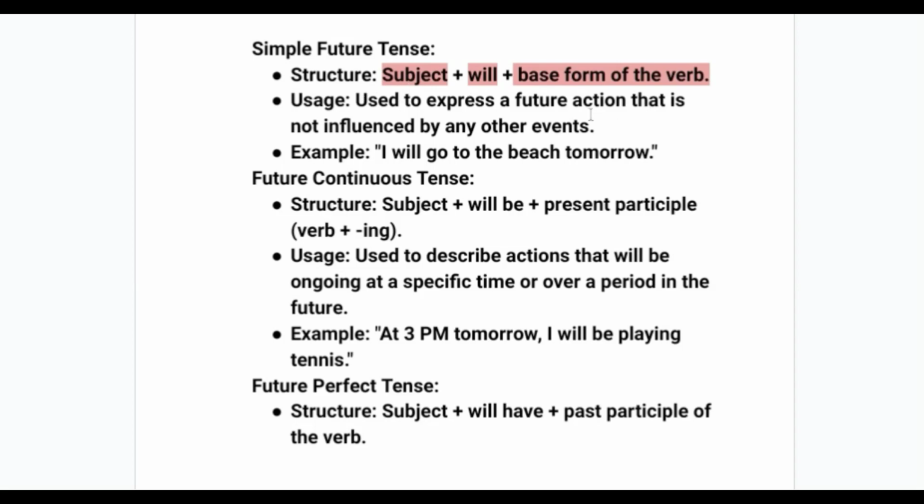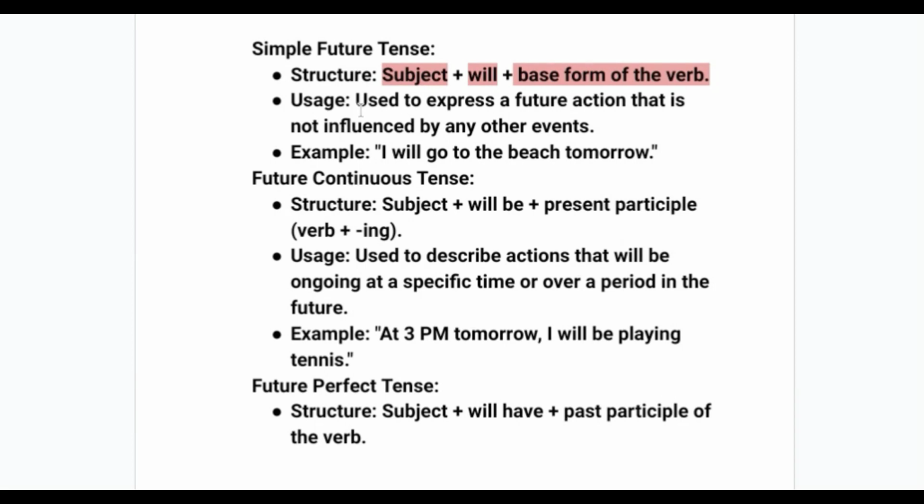So the future action is not connected with any other events or actions which happened in the past or present. It is not influenced by any other events or actions.